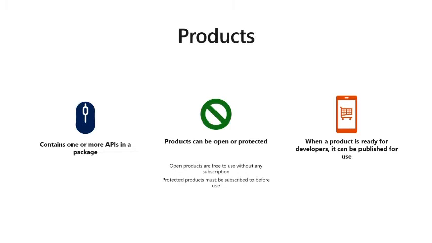A developer must first subscribe to a product to get access to the API. When they subscribe, they get a subscription key that is good for any API in that product. If you created the APIM instance, you are an administrator already, so you are subscribed to every product by default.